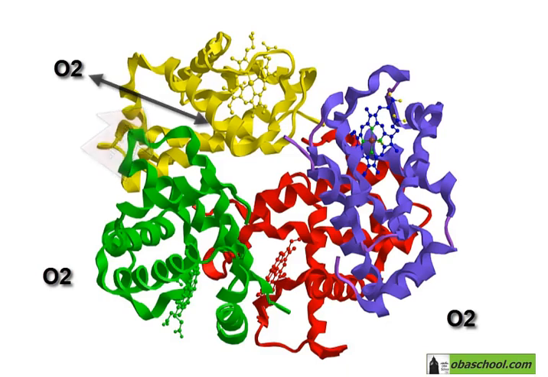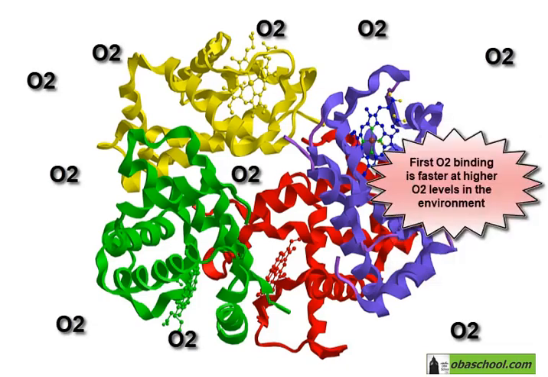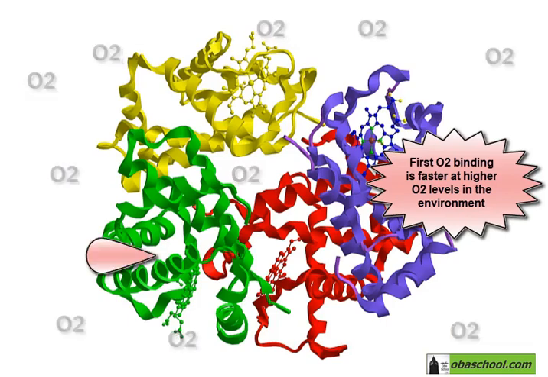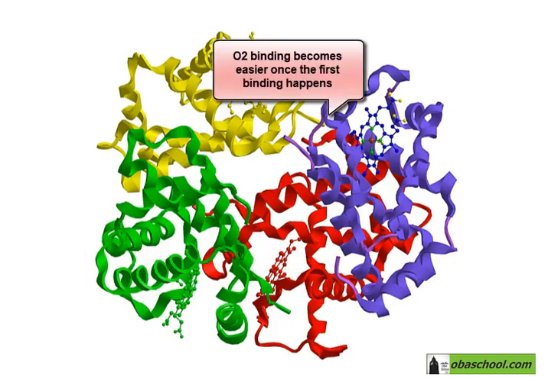So in order to accelerate the binding of the first oxygen molecule, you have to really increase the partial pressure of oxygen. You have to increase the amount of oxygen present so that this first binding becomes faster. However, if you want to accelerate the second, third, and fourth bindings, you don't need to increase the partial pressure of oxygen that much, since it is already easier for them to bind than the first oxygen molecule.